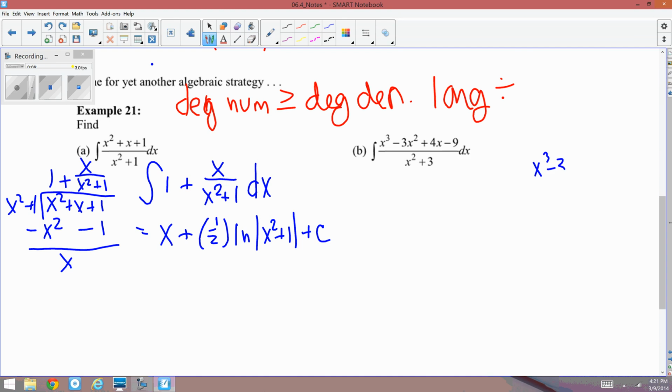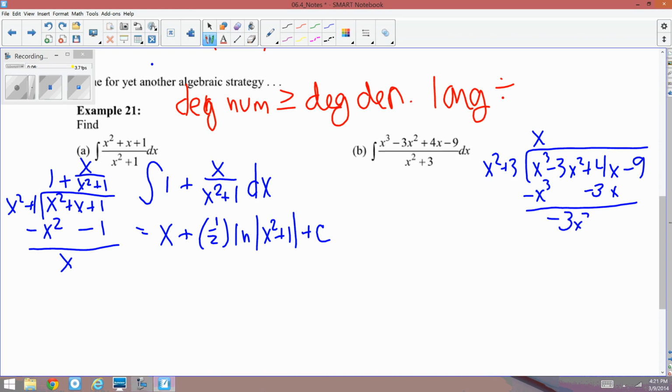X cubed minus 3x squared plus 4x minus 9. We have x squared plus 3. So that would be x. We'd get x cubed, and we'd get 3x, change the sign. Negative 3x squared minus 3x minus 9. Minus 3, so then I'd get minus 3x squared minus 9.